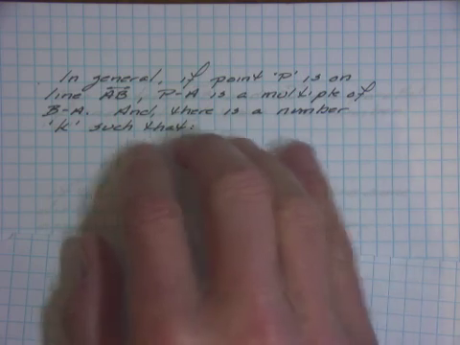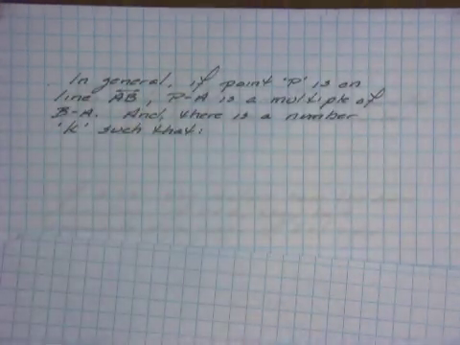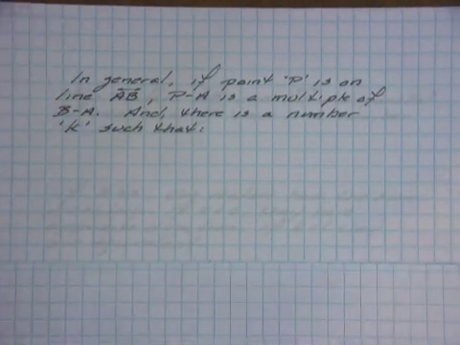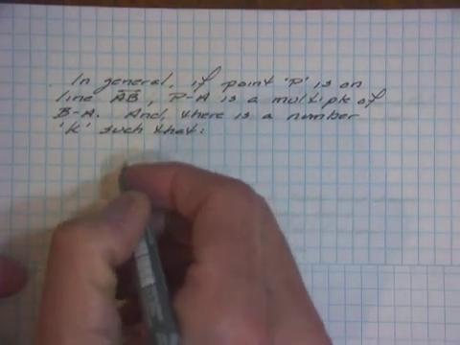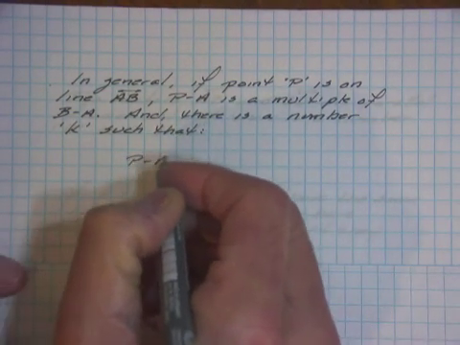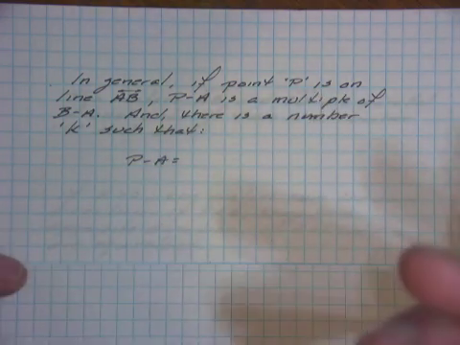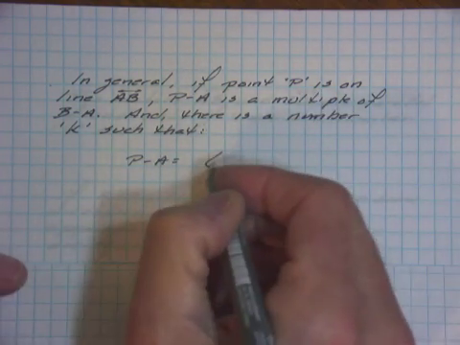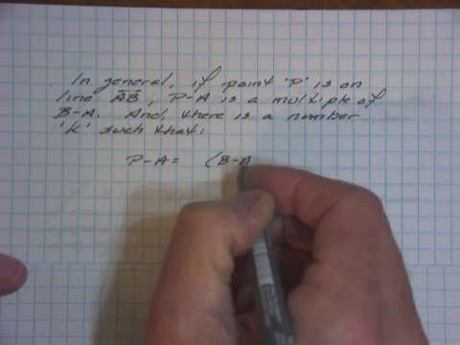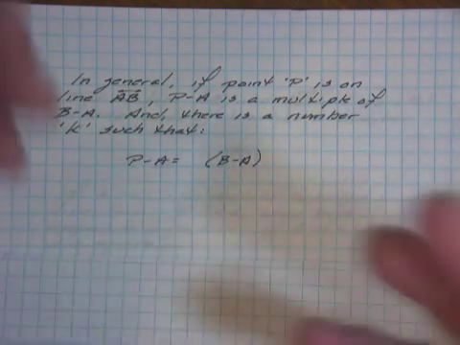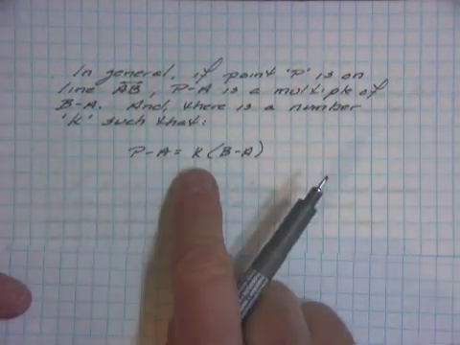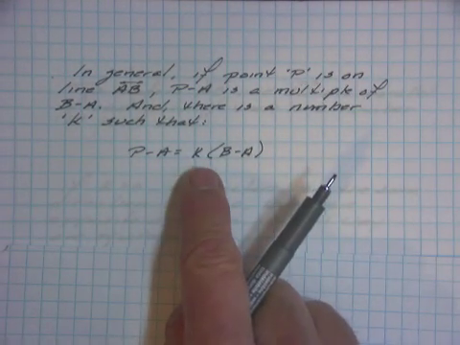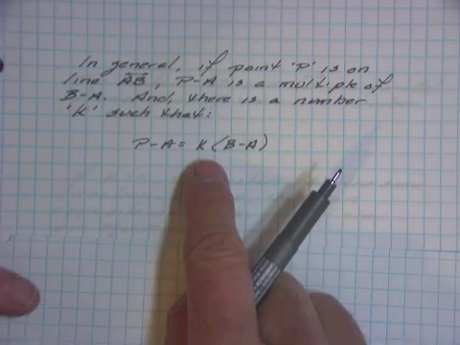So this is a point, and if it's on a line, then P minus A, remember A is another point, is a multiple of B minus A. And there is a number K such that, okay, now this is where we get interesting. So I've got the point P minus the point A equals, now it's a multiple, right, of B minus A.